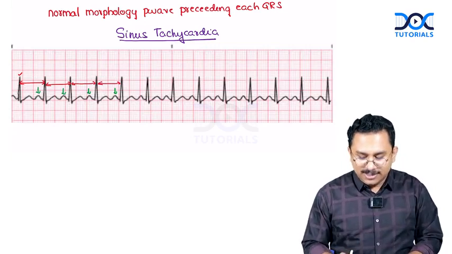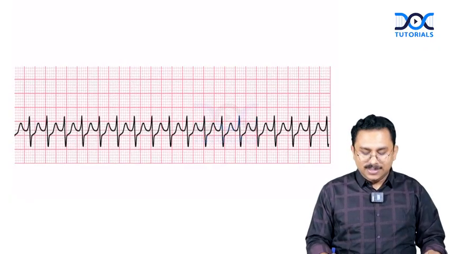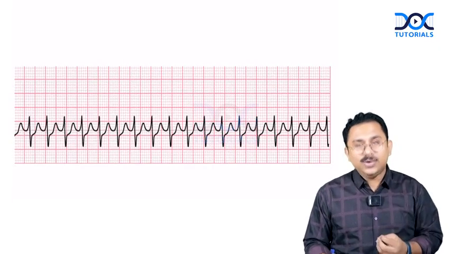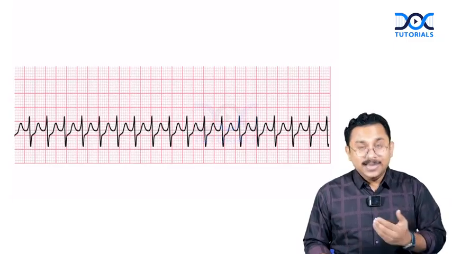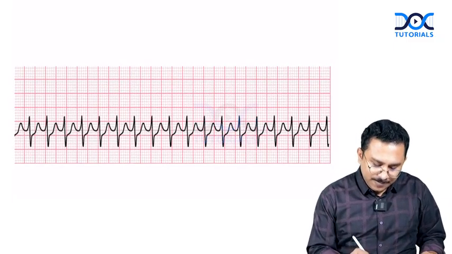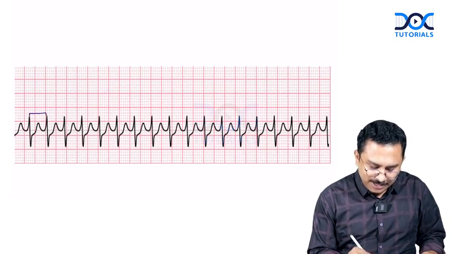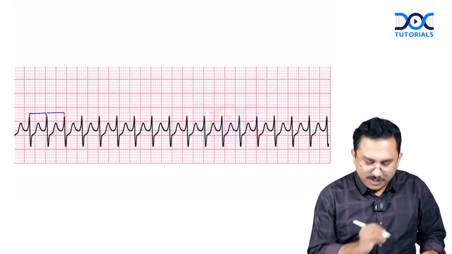Now, let's have a look at the next ECG. You can see that we are again dealing with a tachyarrhythmia. It is almost 1.5 large squares between the consecutive R waves.